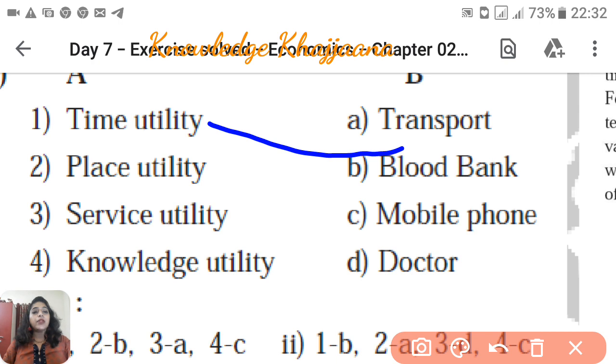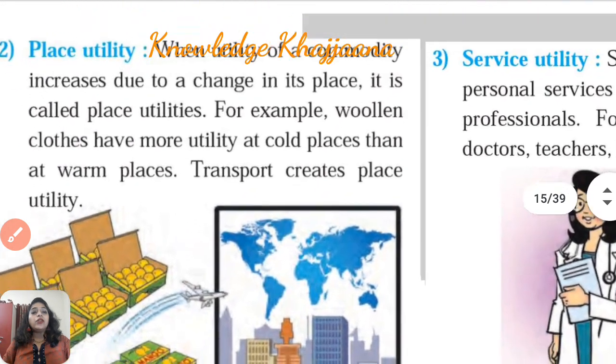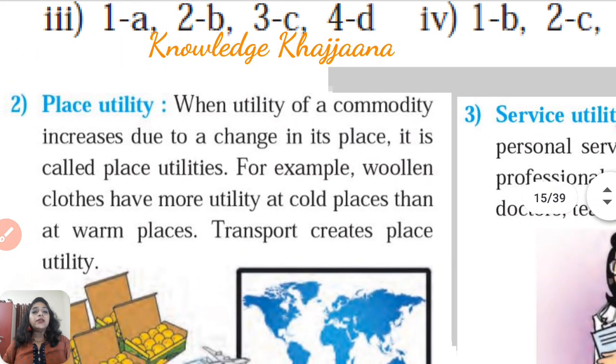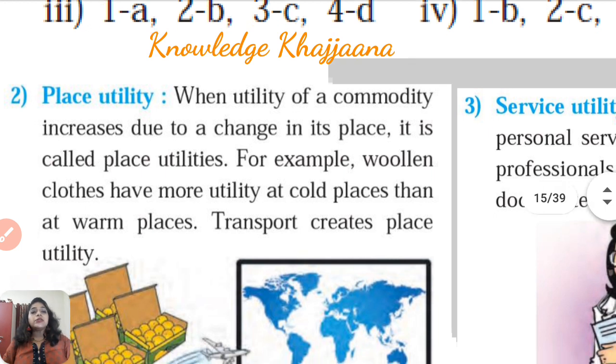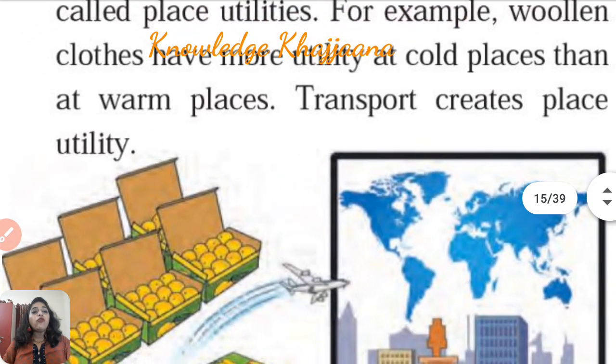Now, place utility. What is meant by place utility? When the utility of a commodity increases due to a change in its place, it is called place utility. For example, woolen clothes have more utility at cold places than warm places.